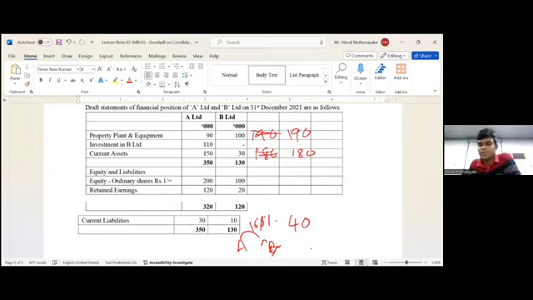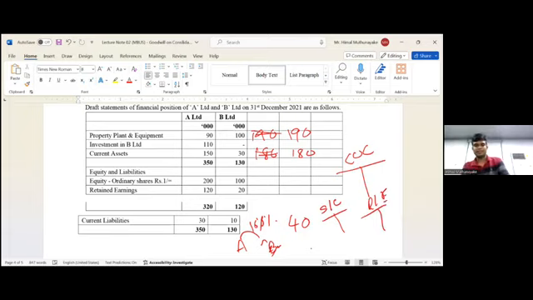Now I'm going to prepare the cost of control account, and I'm having the share capital account and the retained earnings account. The share capital account is 120, and the investment account is 110.